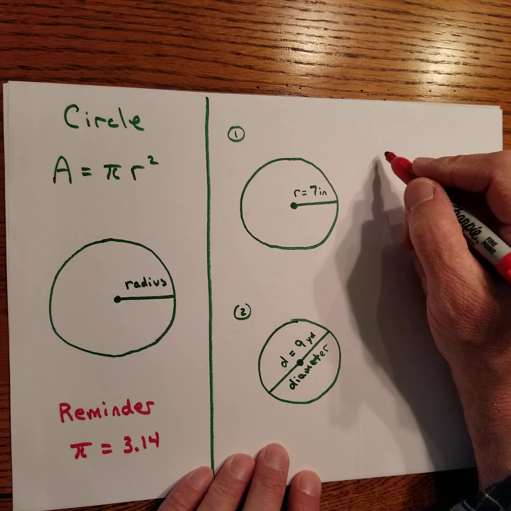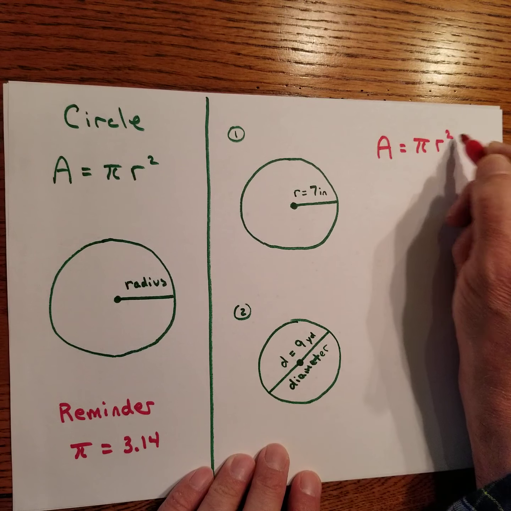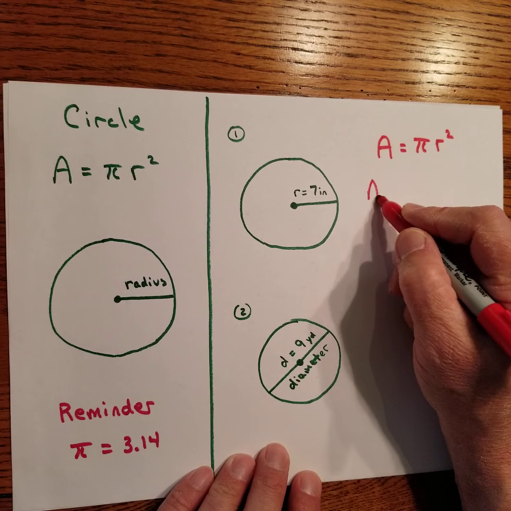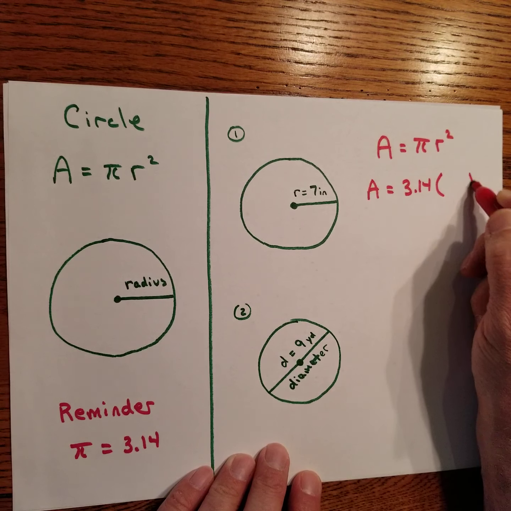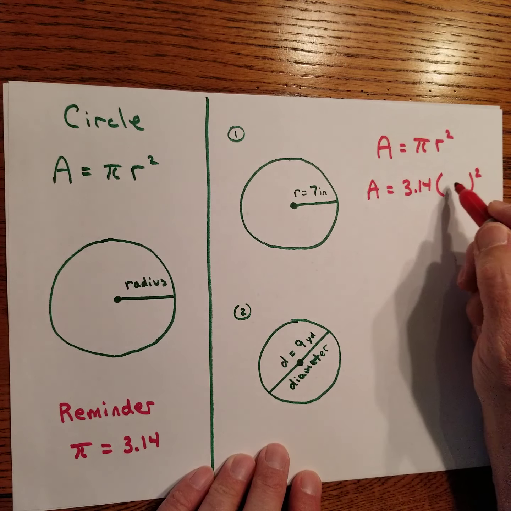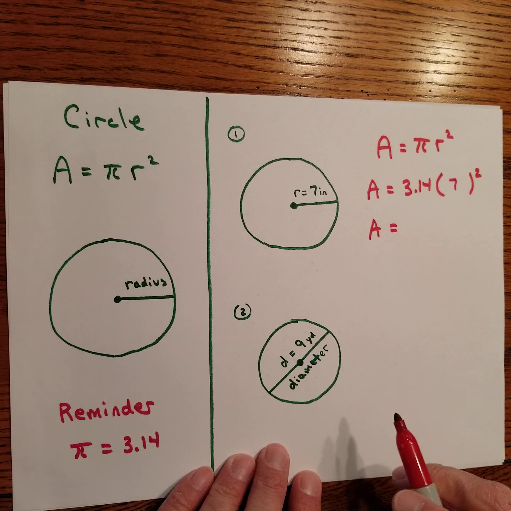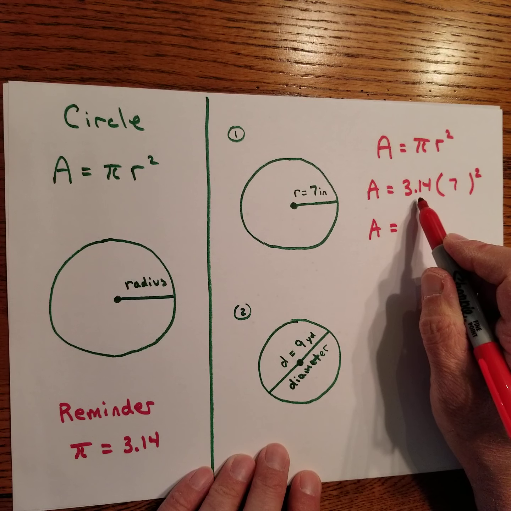You can, but for our purposes, we'll always use 3.14. Let's try number 1. Area of a circle is pi r squared. I know the radius. So area is 3.14 times the radius squared. The radius is 7. Now when I do this on my calculator, I'll go 7 times 7 times 3.14.